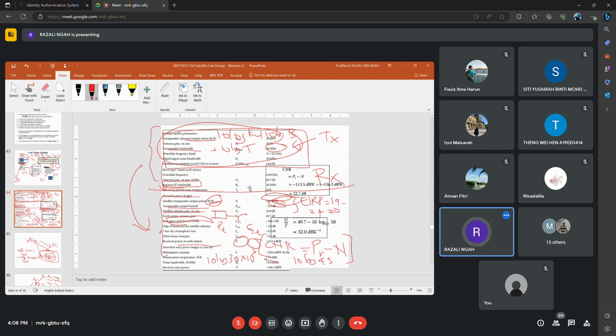For uplink, for PT, you start from the transmitting station until the receiving antenna gain on the satellite. The difference is in terms of path loss, so you need to use the uplink frequency, and then depend on the given parameters.